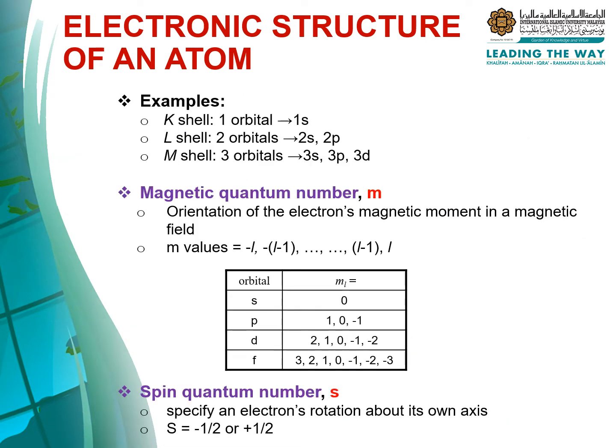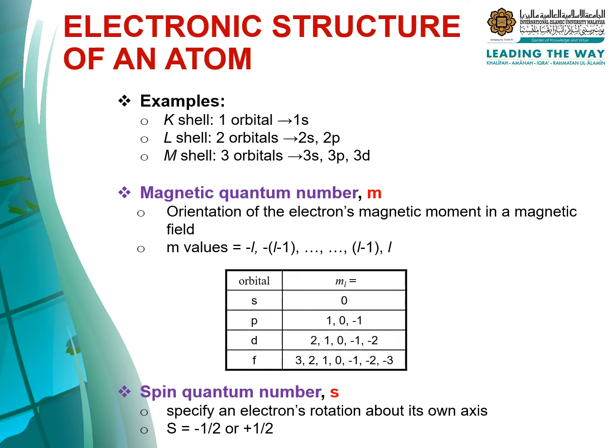For example, the K shell has 1 orbital, 1s; the L shell has 2 orbitals, 2s and 2p; the M shell has 3 orbitals, 3s, 3p, and 3d. The other is the magnetic quantum number m, the orientation of the electron's magnetic moment in a magnetic field.